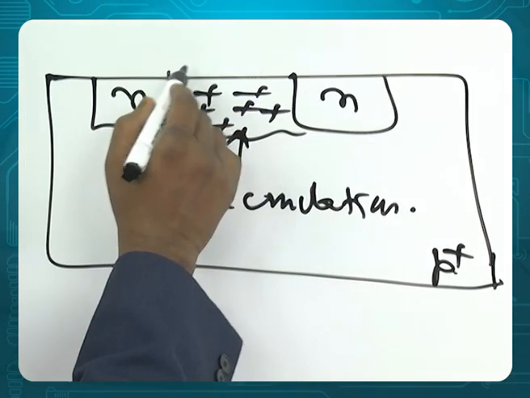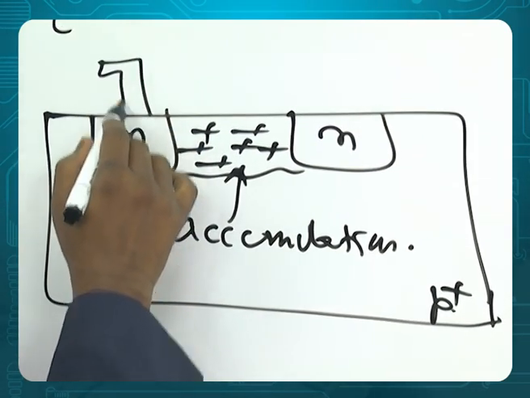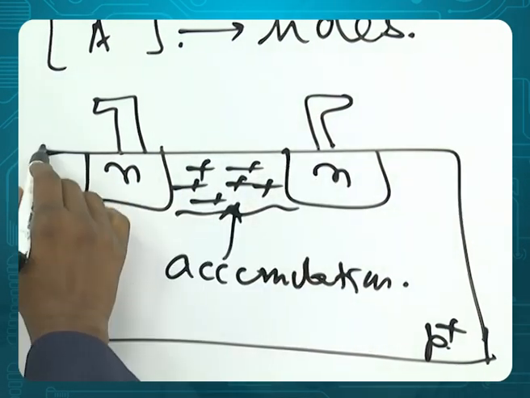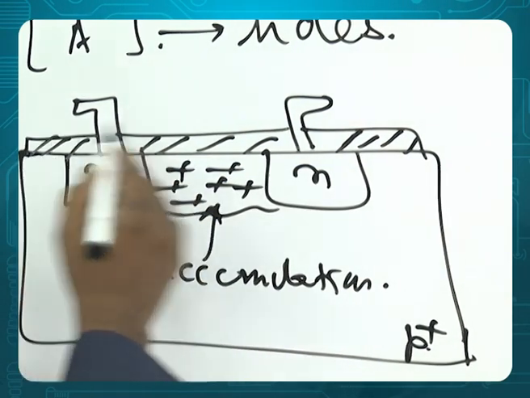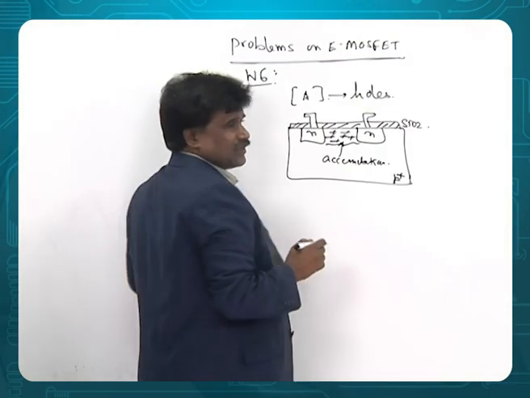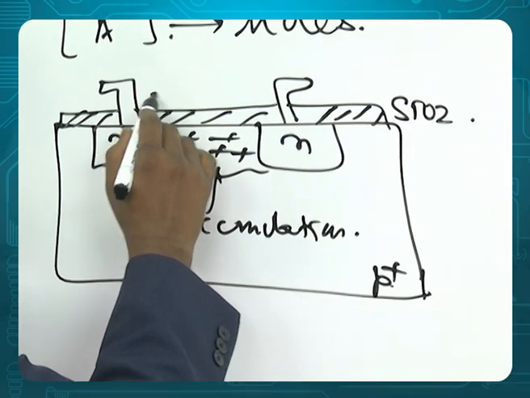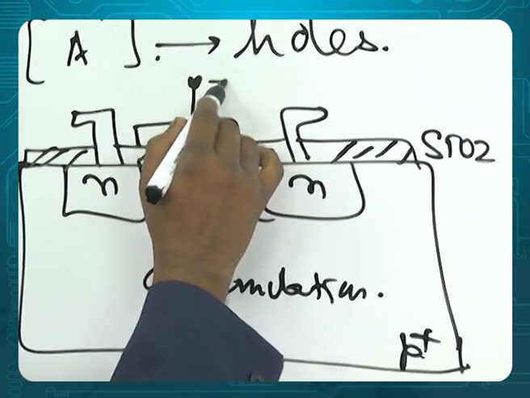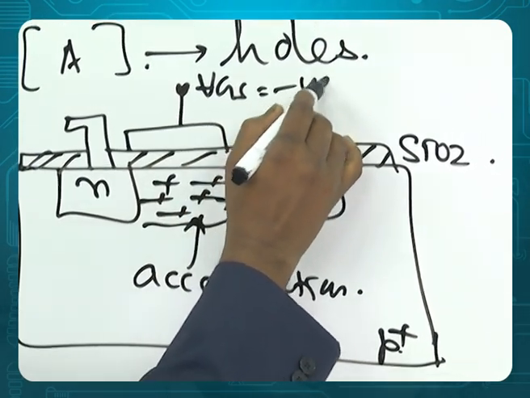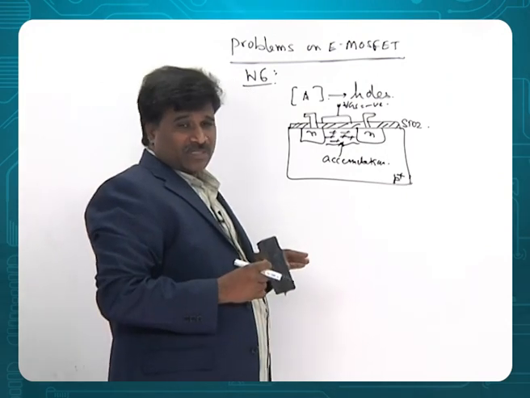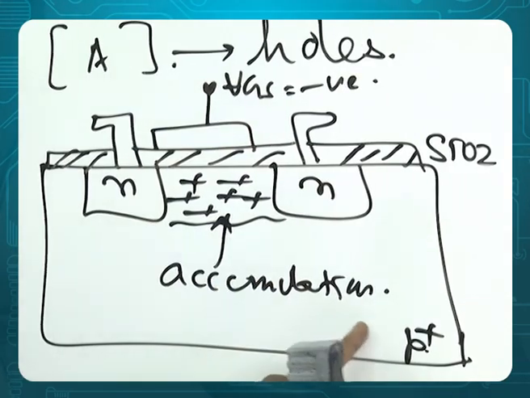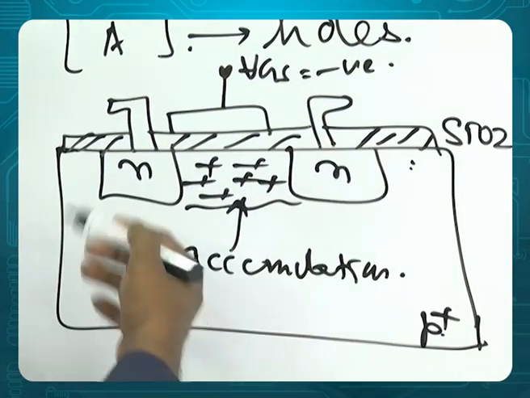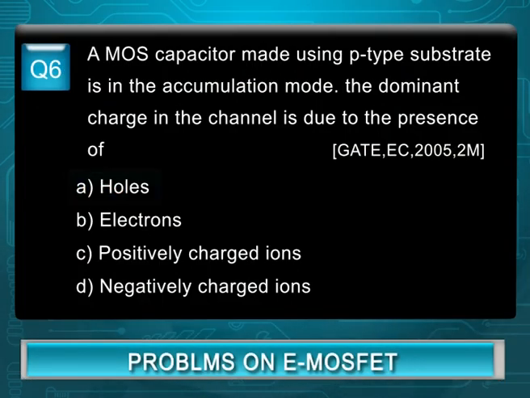Accumulation comes with what type of voltage? The voltage we have is on the silicon dioxide layer. So what type of voltage do we have to give here? VGS should be negative. That's why when negative voltage is given, holes are developed, and those holes get accumulated with the substrate, which is P. That's why our option is A.